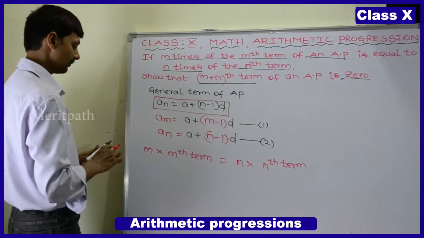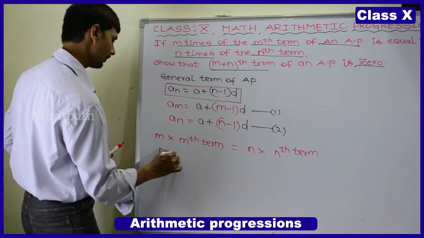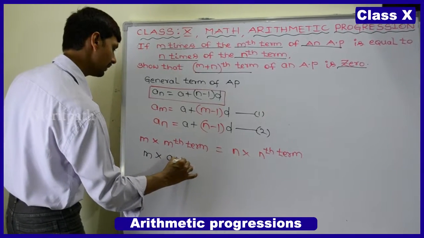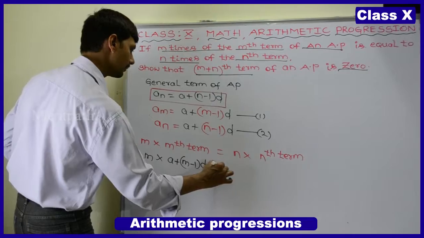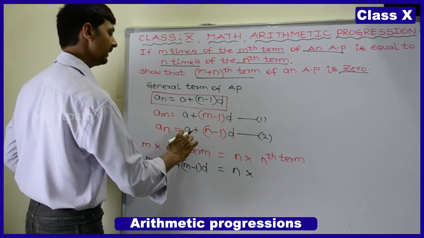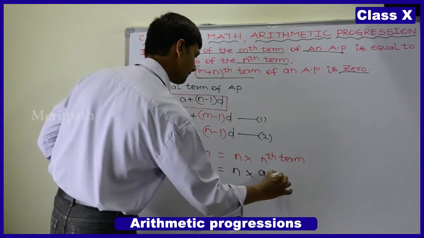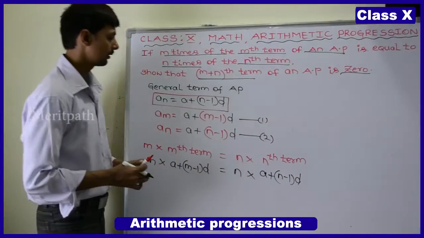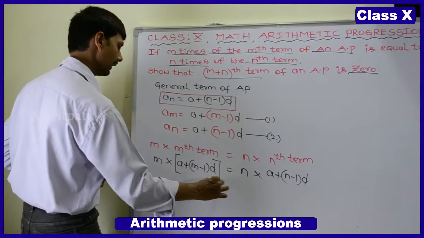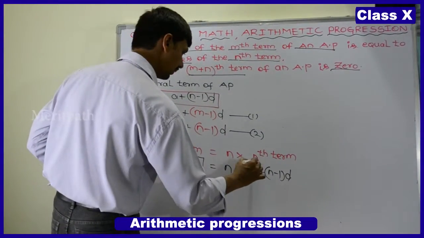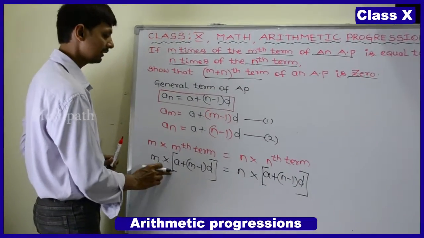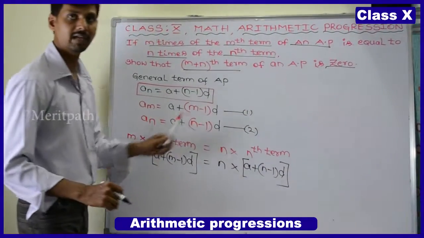We know the mth term is a + (m-1)d, and the nth term is a + (n-1)d. These both are equal, so we write m(a + (m-1)d) = n(a + (n-1)d). The m belongs to this whole term, so we have taken the bracket.